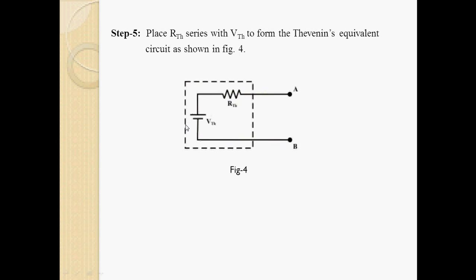Now we know the value of VTH from step 2, and from the previous step we know the value of RTH. So replace this box, our original circuit, according to Thevenin's theorem by the voltage source VTH in series with the resistance RTH, with AB as the load terminals.